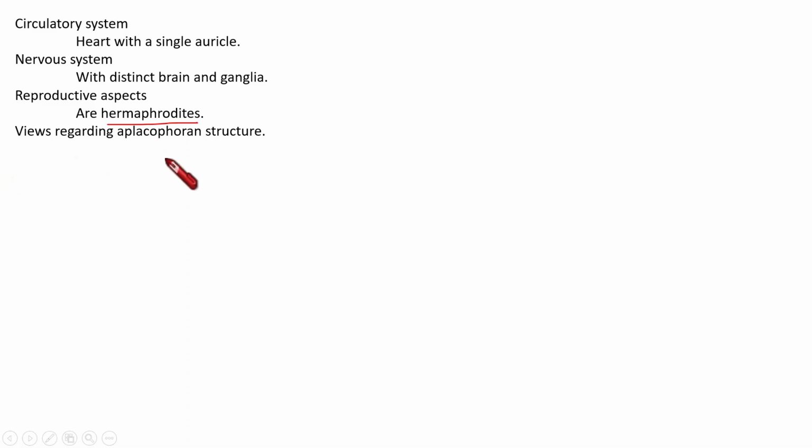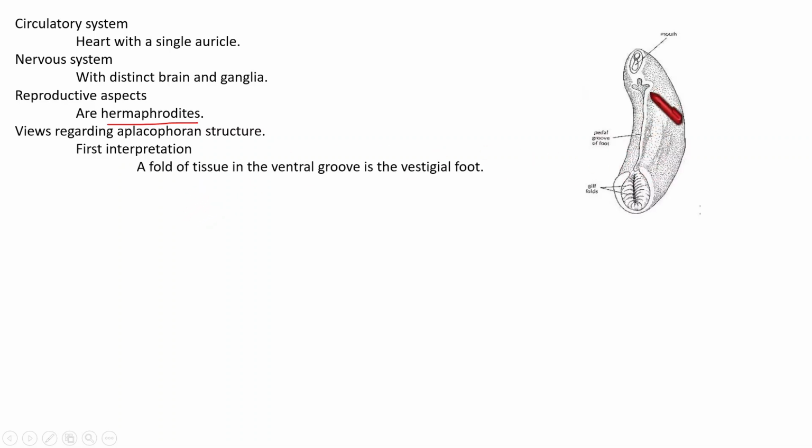Regarding its structure, two contrasting views exist. We are going to understand those two views just for our understanding. The first interpretation regarding Aplacophora structure, the example we are learning under the class Aplacophora, is that a fold of tissue in that ventral groove in the form of a ridge means some scientists believe that a foot is present.